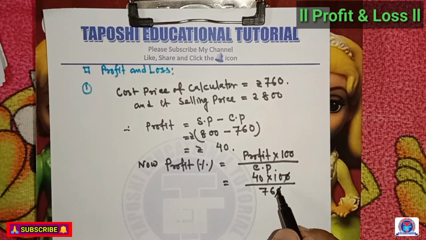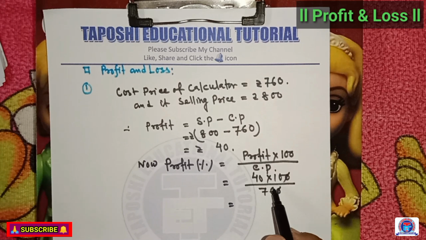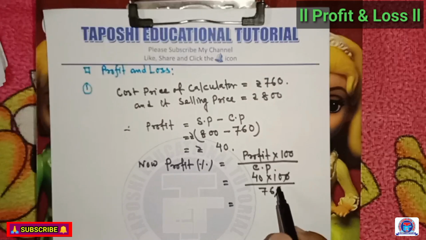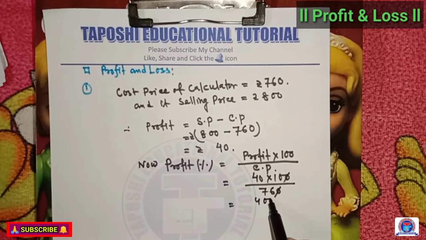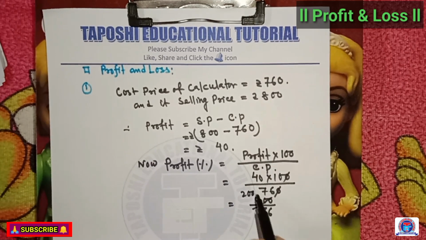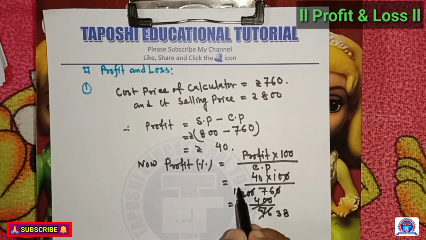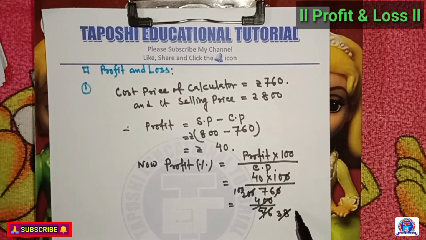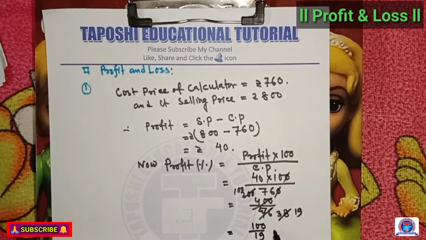So 0 cancel here. Now it will become 400, correct? 400 divided by 76, it will become 200, and this one 38, again this one 100, and this one 19, that means 100 by 19.